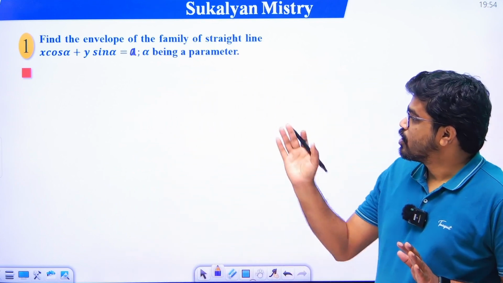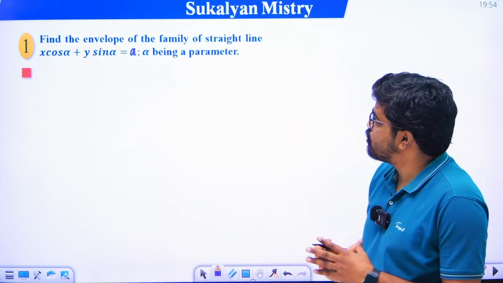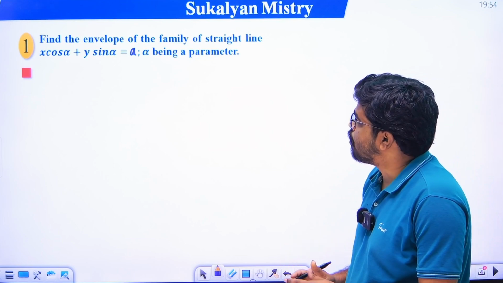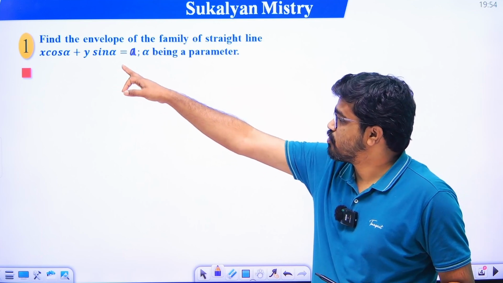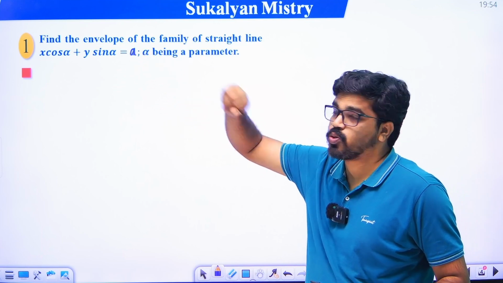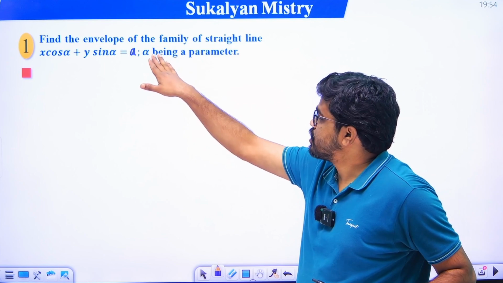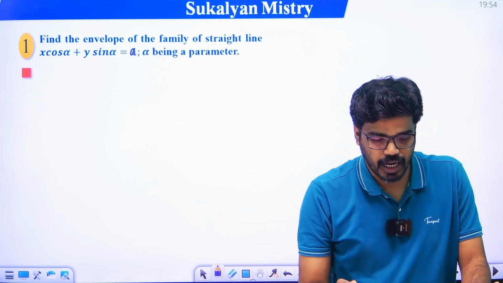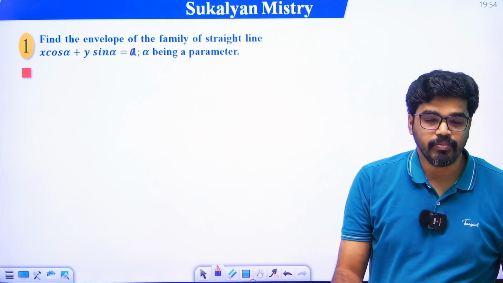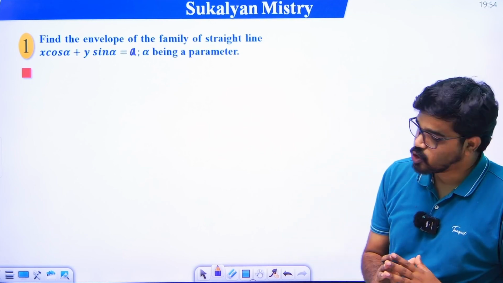Here it is given that alpha is a parameter, so we have to eliminate alpha, right? Okay, so note this problem.